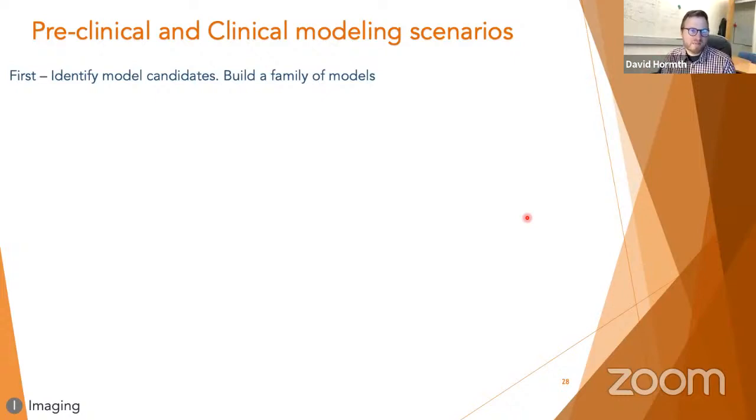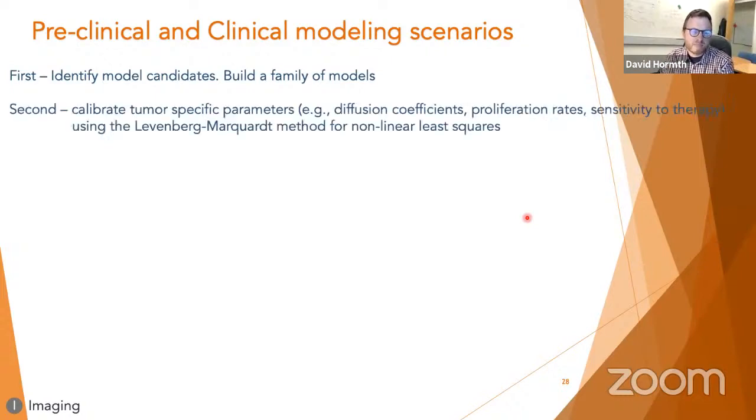And one thing that our lab leans on is, instead of advocating for a single model right off the bat, we're going to build a whole family of models that incorporate different elements of response to radiation therapy, or how radiation therapy is going to be influenced by other imaging data types. And we're going to let model selection play the role of deciding which model is the most appropriate for this data set.